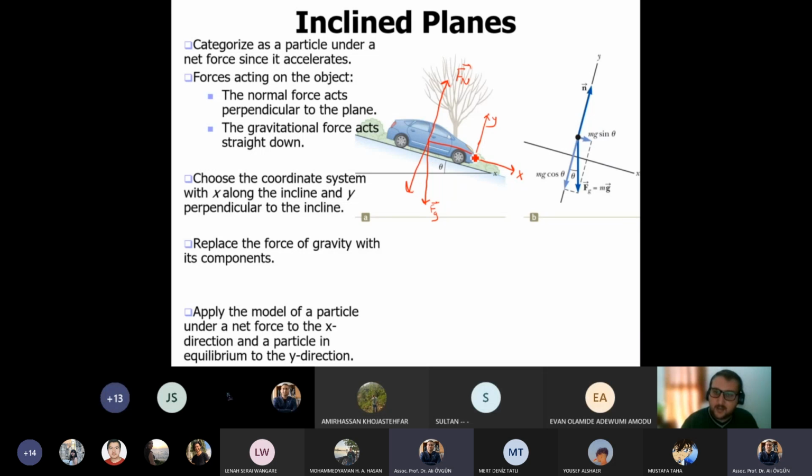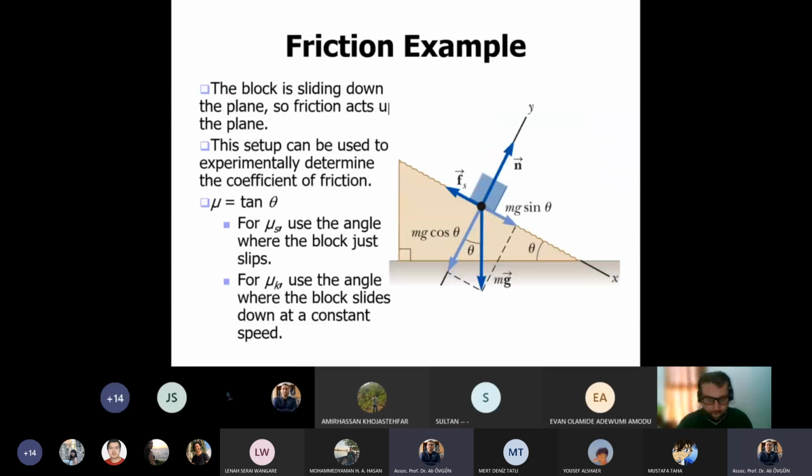There are two components, one this and the other one this. Fg is equal to mg. If this is theta, and here is 90 degrees, here is 90 minus theta, and here is theta. So this becomes mg cosine theta, and this one becomes mg sine theta. After that, you can use the components of the force of gravity and solve the problems.